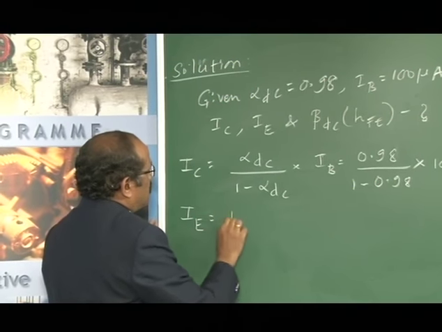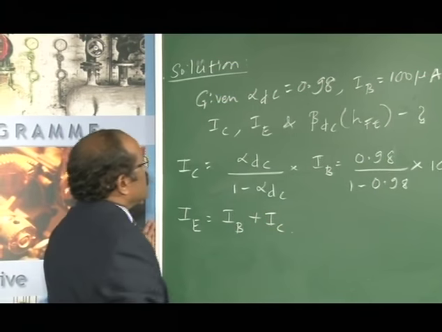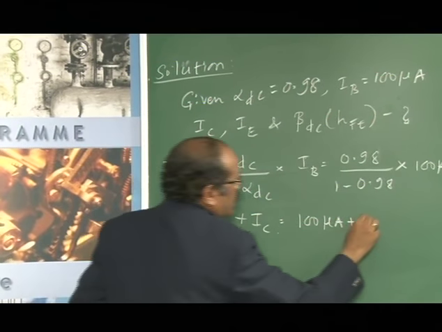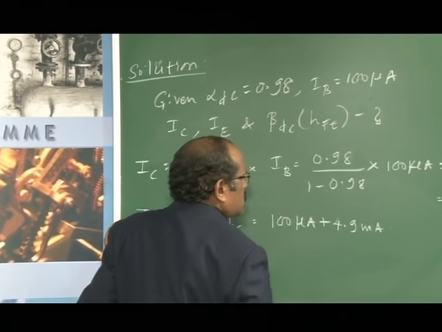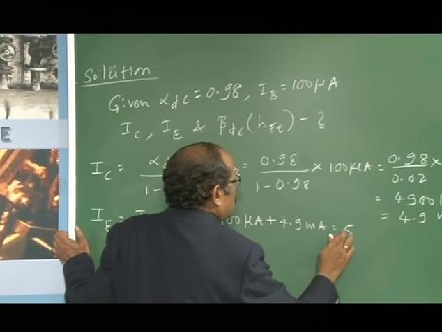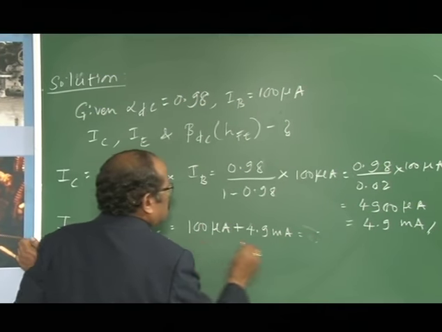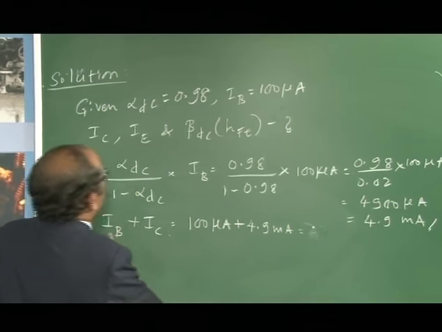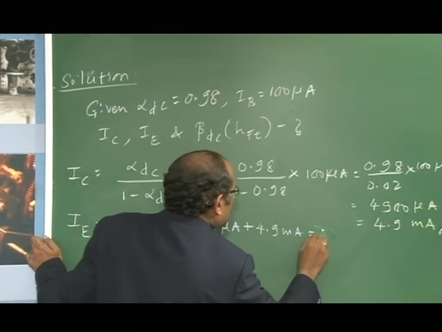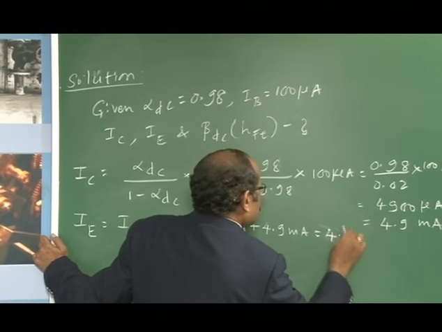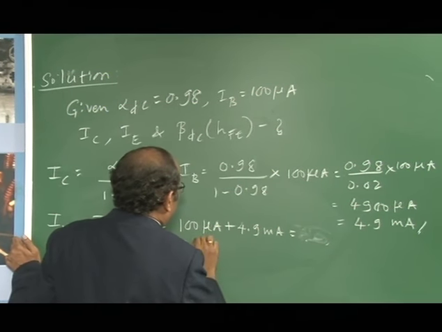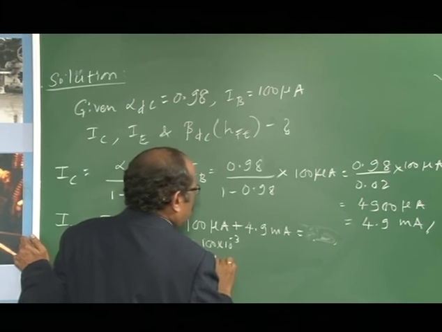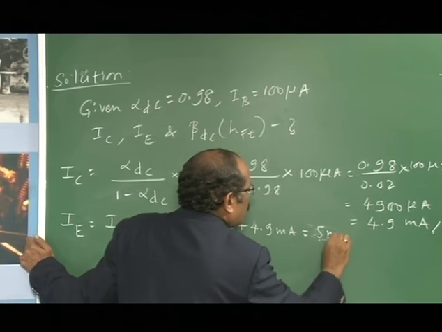Similarly, IE you can note down. IE is nothing but the input current, the summation of IB plus IC. IB is given as 100 microamperes plus IC, which is calculated as 4.9 milliamperes. So 100 microamperes is 0.1 milliampere, and this comes to about 5 milliamperes.